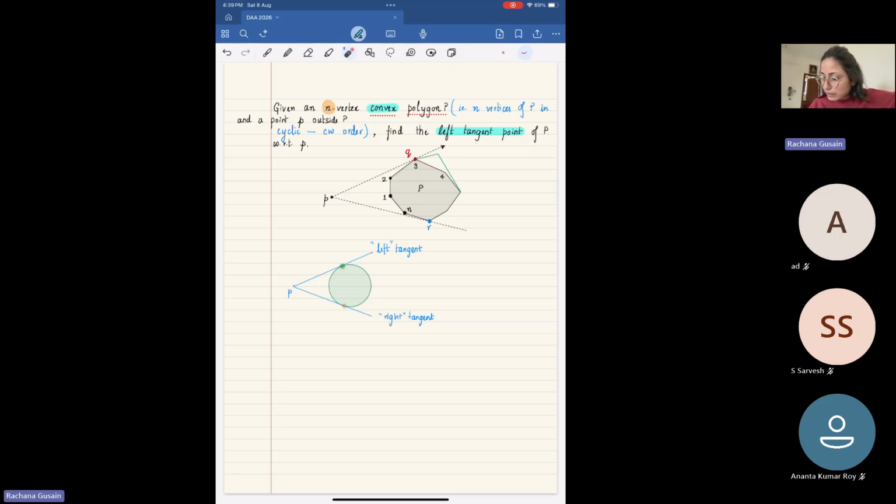My polygon could have been like this also. Still, Q had to be the left tangent point and not this point, which has an even higher y coordinate. So this Q and R are not the topmost and the bottommost point. They are extreme points in some other sense.